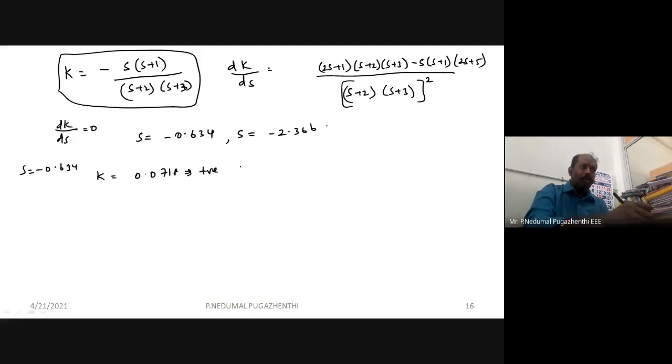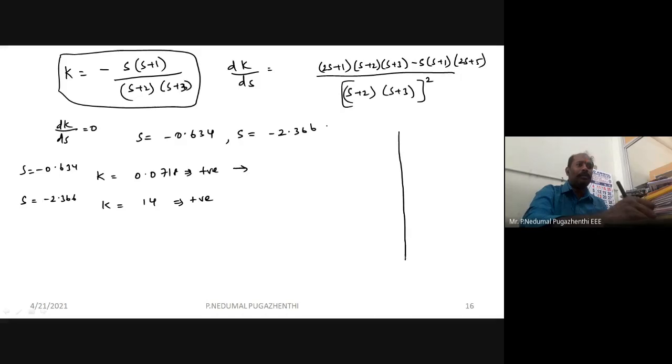So it has to be considered as a breakaway or a break-in based on the location of the point. We will see what the point is. And again, you check with the other point, 2.366. You will get K is equal to 14, which is also positive.